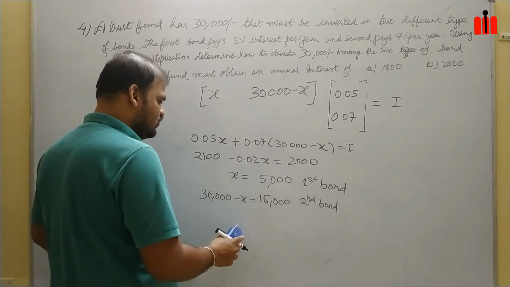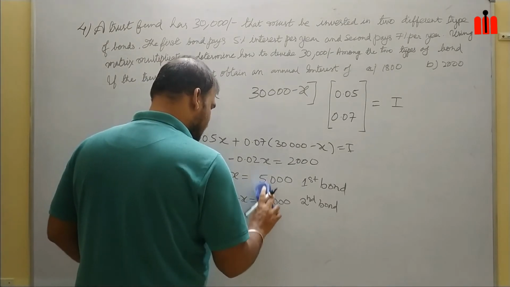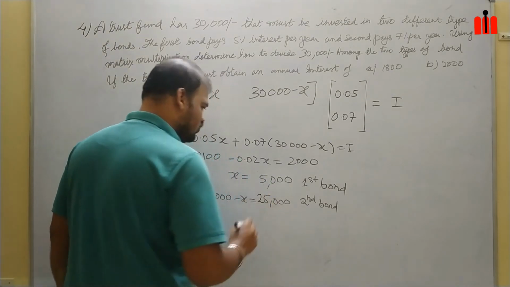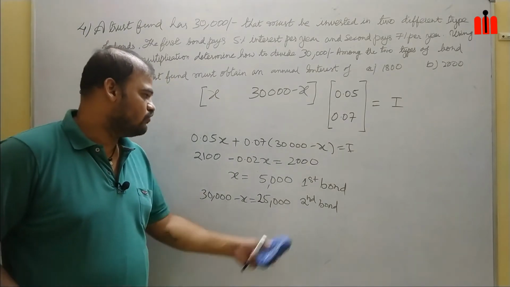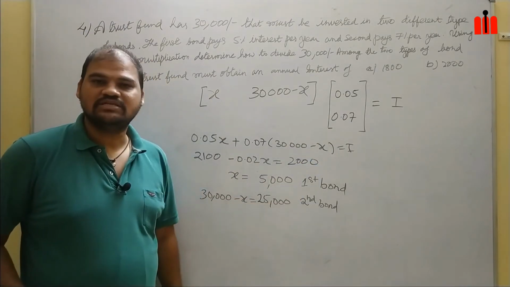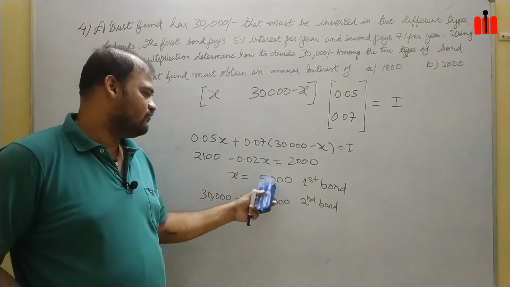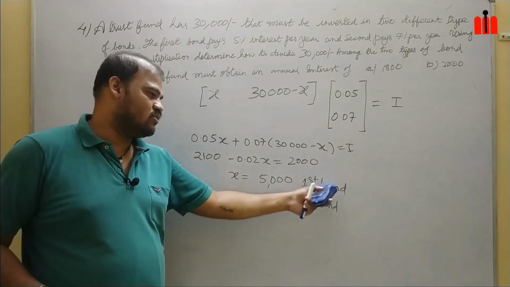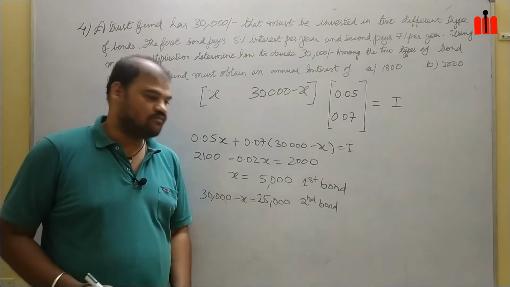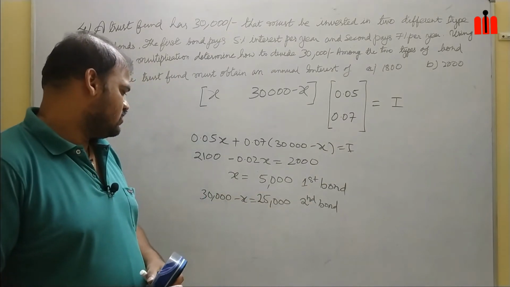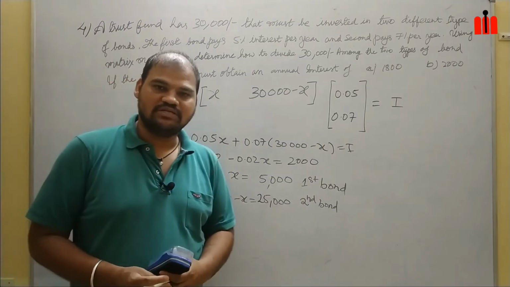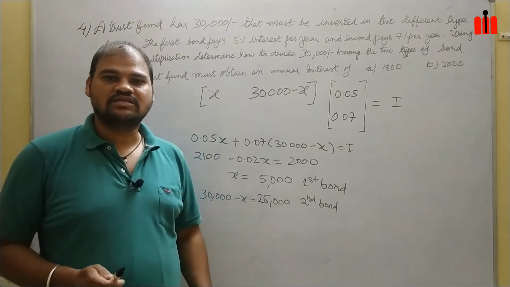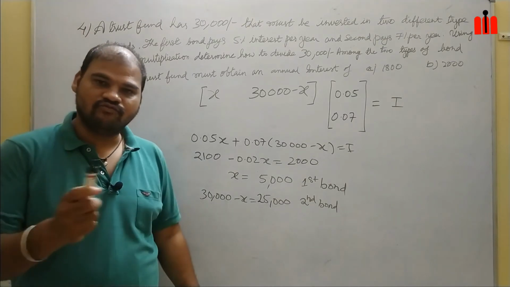Now once x equals 5,000, my 30,000 minus x will be equal to 25,000. So for 2,000 rupees interest, I have to invest 5,000 in the first bond and 25,000 in the second bond. That means the first bond with 5% interest and the second bond with 7% interest. Okay, this completes problem number 4.